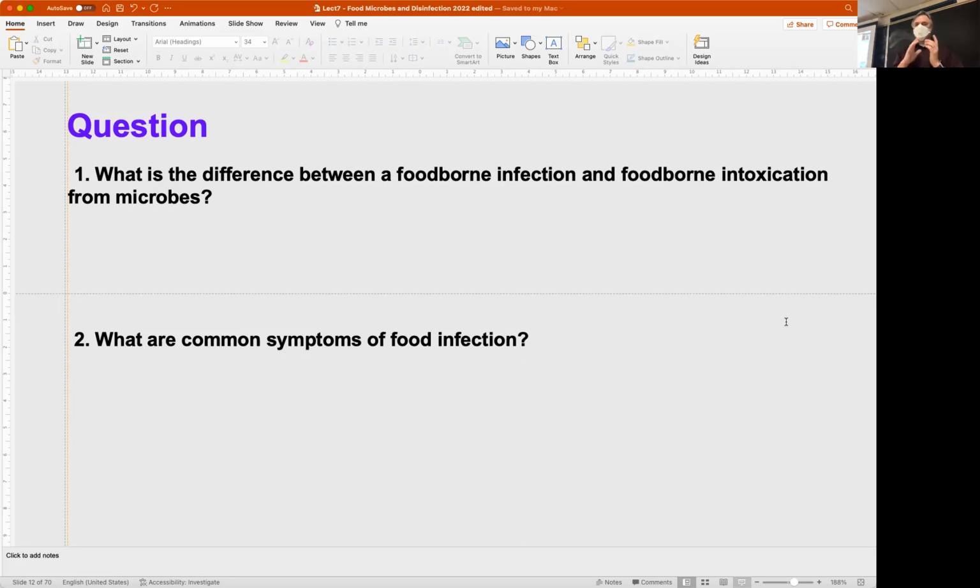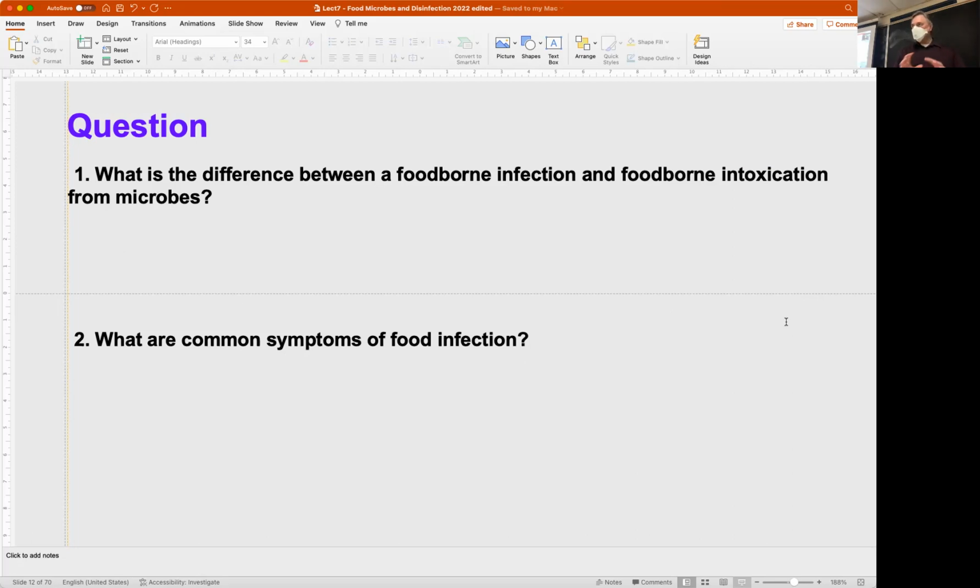Okay, so the foodborne illness is what you get in both cases. Foodborne infection is what you get when you have the bacteria ingested and the bacteria multiply and you get sick from that.